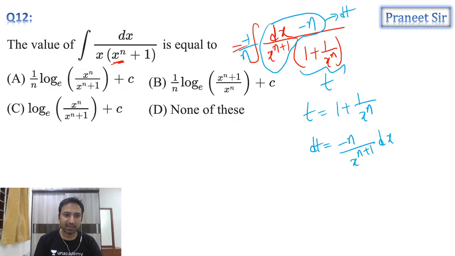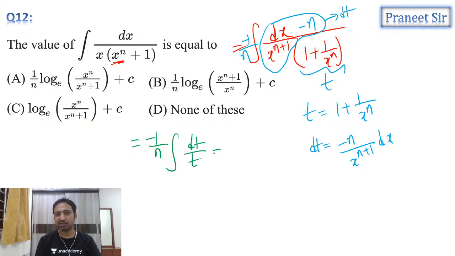Correct? Okay, so now tell me guys, what do we get? See, finally we are getting in this form, minus 1 by n into dt by t. What is it guys? Isn't it log t? Minus 1 by n into log t plus c.